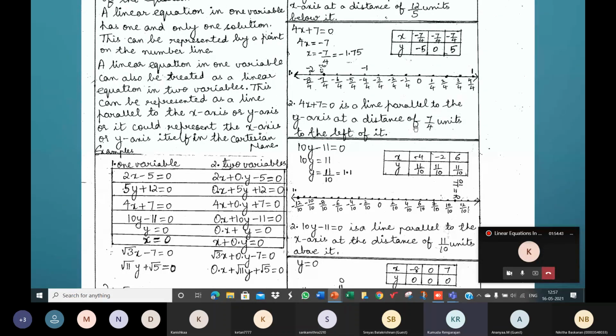But when the distance is to the left or below, instead of left they might use minus 7 by 4, or if it is below, the minus sign may be used. So if the distance is negative, it may be to the left or it may be below, depending on the case.